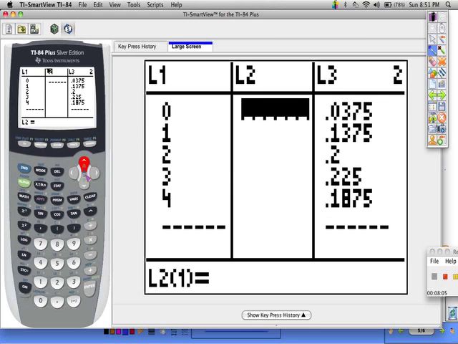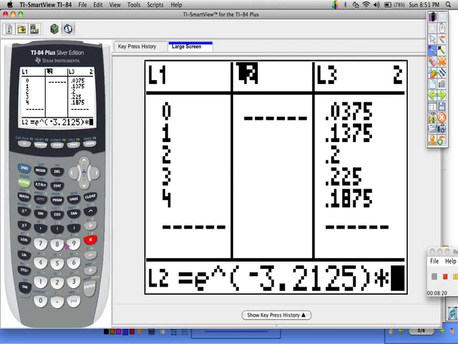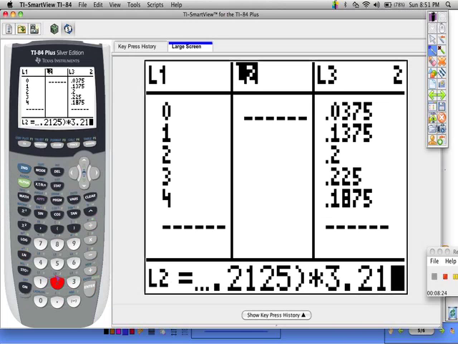Now I'm going to put in this generator function. e to the negative 3.2125 times 3.2125. Now I'm not going to put x. What I'm going to do is put list 1 as my exponent.